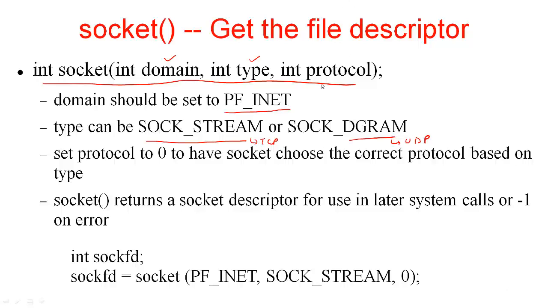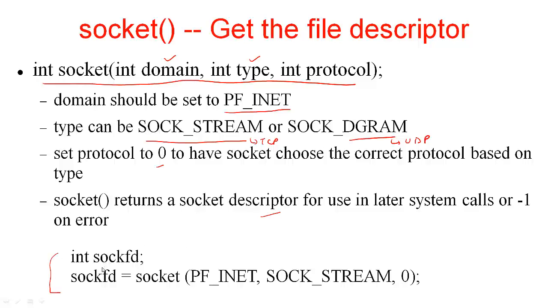Typically, the protocol value is set equal to 0 to let the correct protocol be chosen based on the type value. As a consequence of executing this socket command, the socket returns a socket file descriptor which you are going to use later. If there was an error, it will return -1.